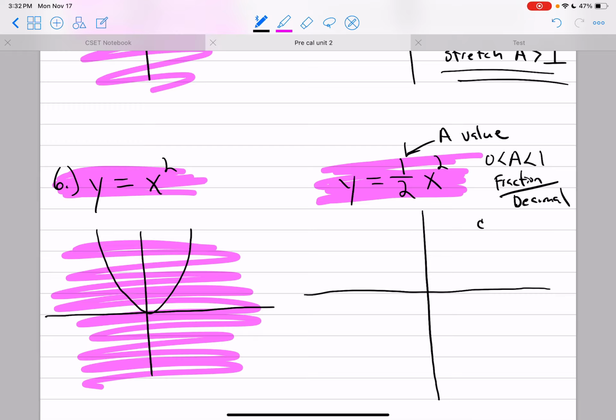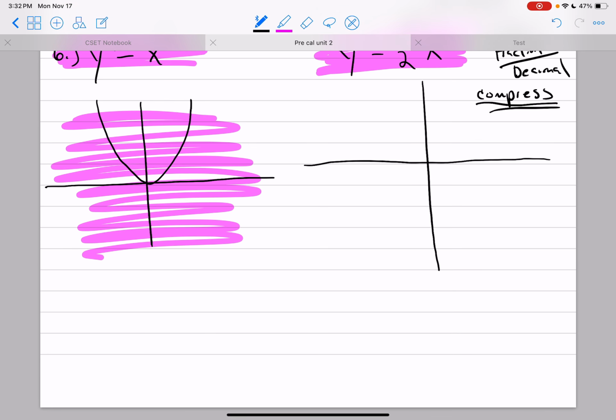That is a compress. It's like you're smashing it down, you're smushing it. A compress is between 0 and 1, makes it shorter and fatter or wider.